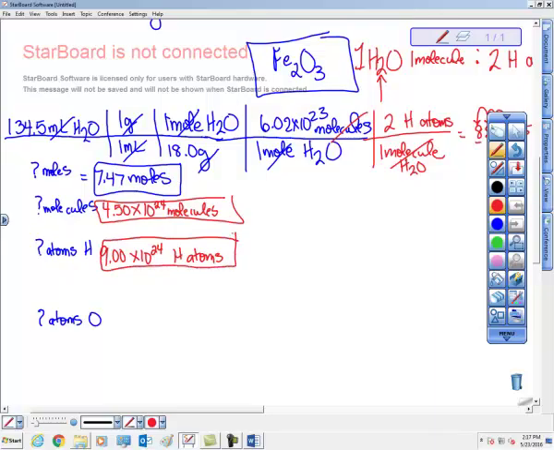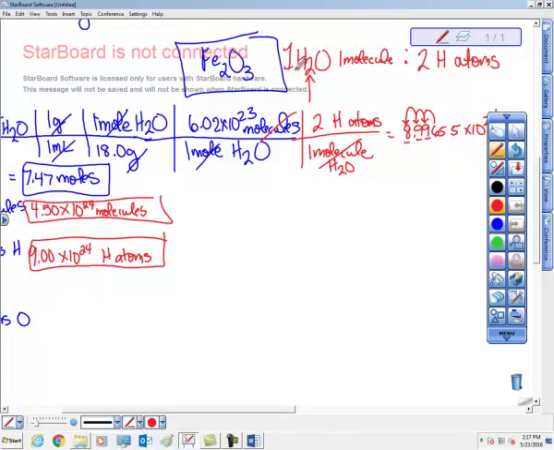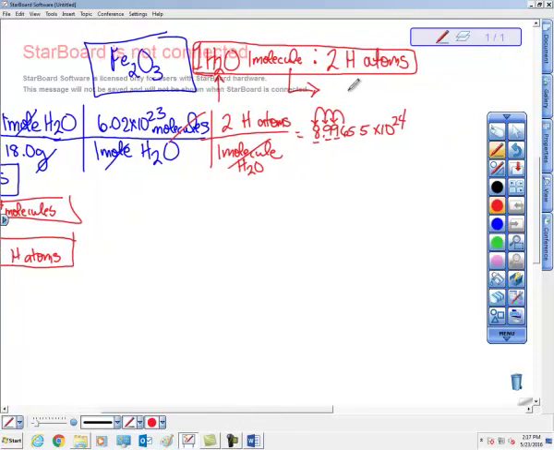Okay. Now, how do we get oxygen? Well, this ratio right here is for hydrogen. What do you think the ratio is going to look like for oxygen? Yeah, 1 molecule of these is actually going to be equivalent to just, it only has 1 oxygen atom. So the ratio at the end, instead of having a 2 right here, you'll have 1 oxygen atom.